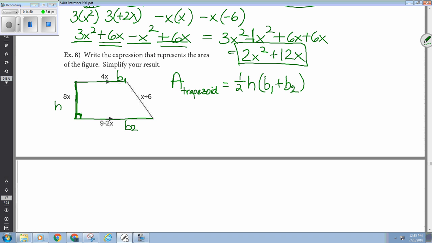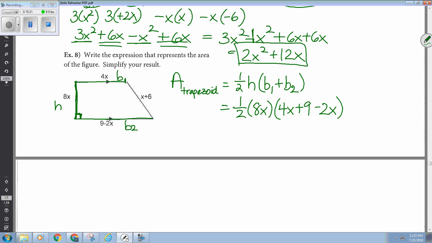So we're going to plug them into the problem. So that's 1/2 times 8x times 4x plus 9 minus 2x. So, to simplify it, we still do order of operations.